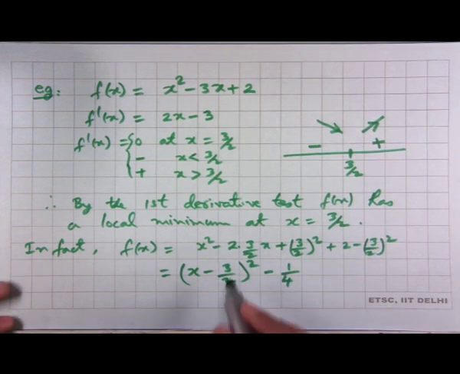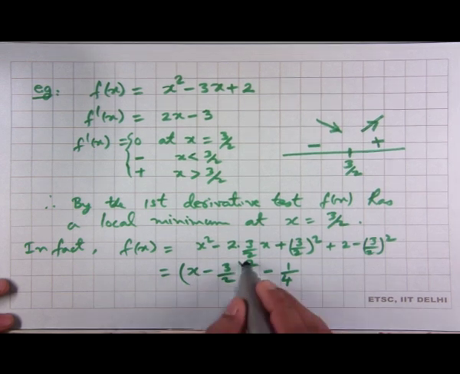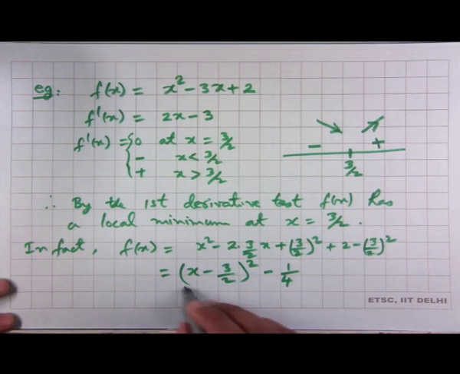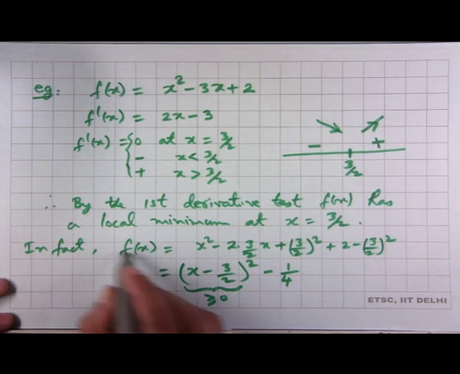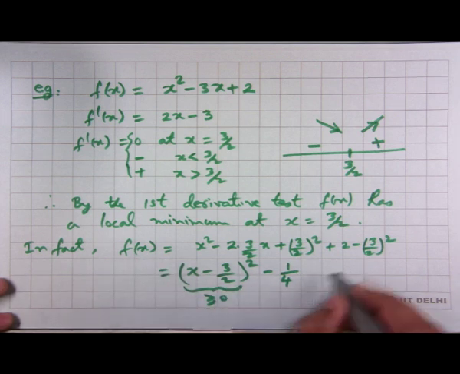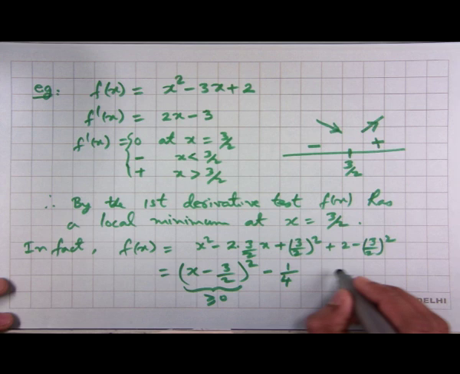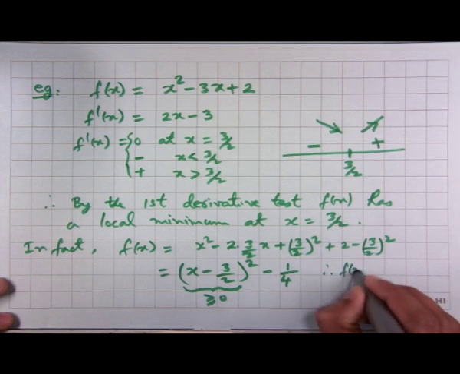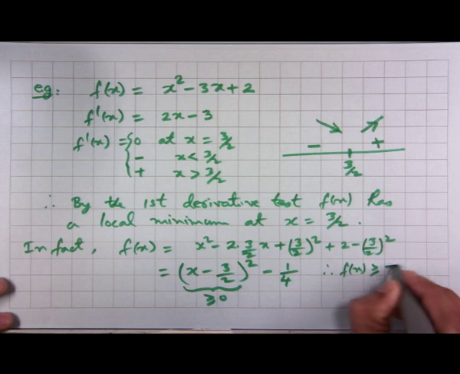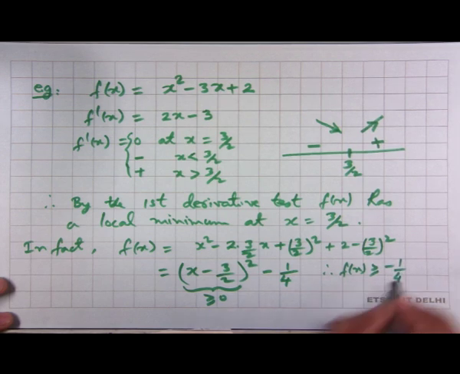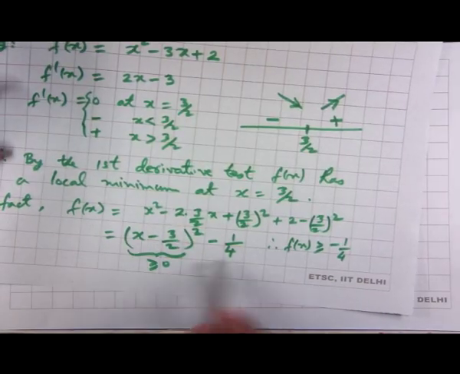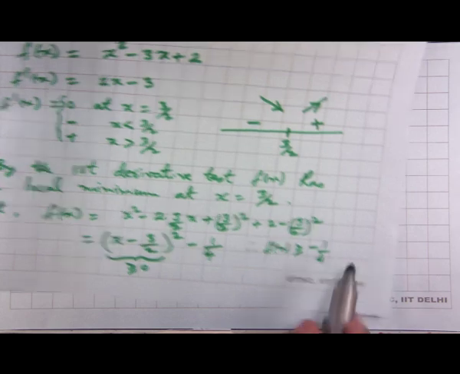So, we see that x minus 3 by 2 squared has to be always greater than or equal to 0. So, f of x has to be greater than or equal to minus 1 by 4, and if I put x equal to 3 by 2, then f of x is exactly equal to minus 1 by 4.